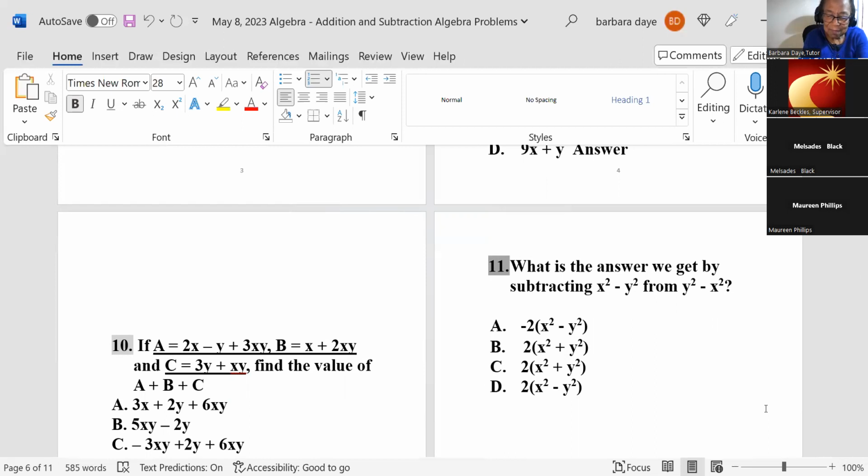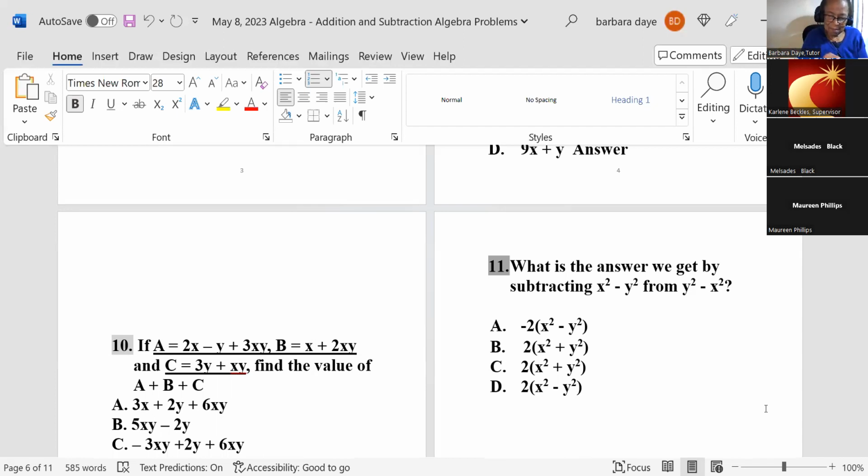Let's see. That'll be x2 and x2 again. And y minus y2, it's gotta be y2. So x to the power 2 plus y to the power 2.